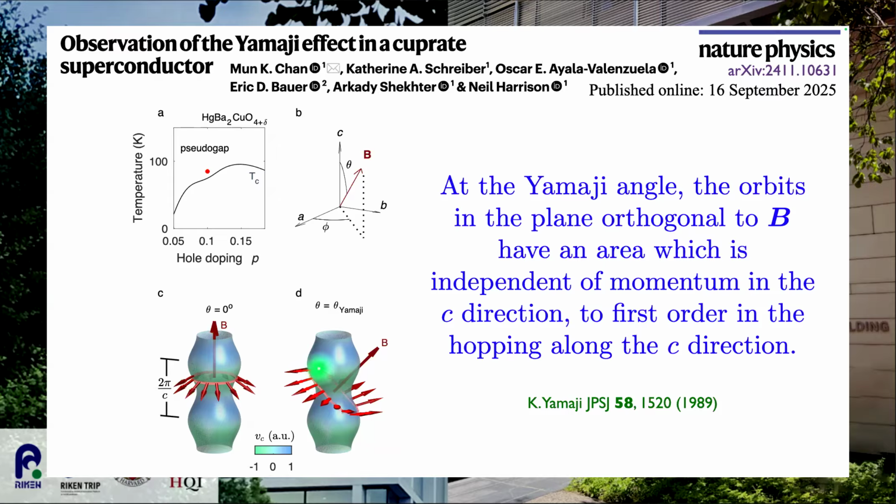So what Yamaji pointed out is that the area of this orbit is actually independent of kz to first order in the warping at a very special angle that we now call the Yamaji angle. And in fact, there's a simple formula for the Yamaji angle relating the c-axis spacing and the area of the Fermi surface. So if you see the Yamaji angle, you have a clean measurement of the area of the Fermi surface.